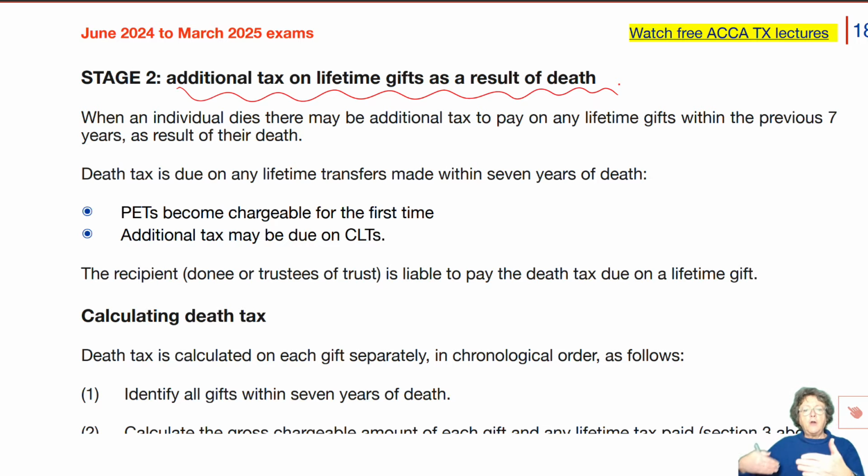There are PETs in that 7-year period that have become chargeable, and there might also be some additional tax on the chargeable lifetime transfers. And obviously the person who has received the PET, or the trustees of the trust, will have to pay the tax that is now due on that.